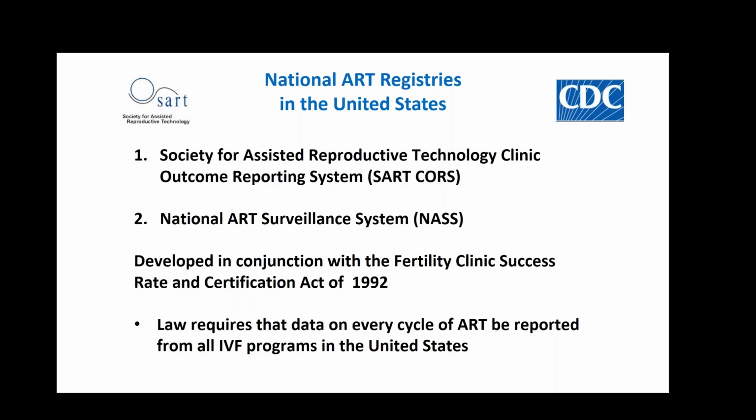All U.S. clinics are required to report all U.S. ART cycles under this law. There are currently 2 parallel versions of this national data collection, that maintained by SART and a separate collection maintained by CDC, although the SART data are fed to the CDC system. I'll come back to the use of these data later in this webinar.